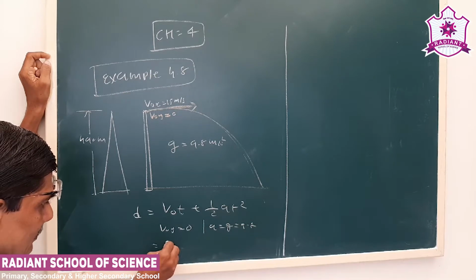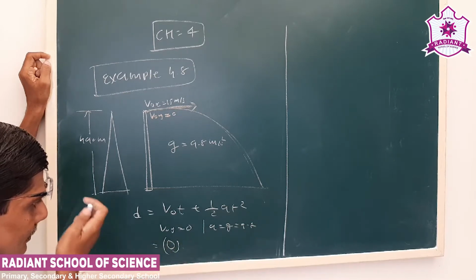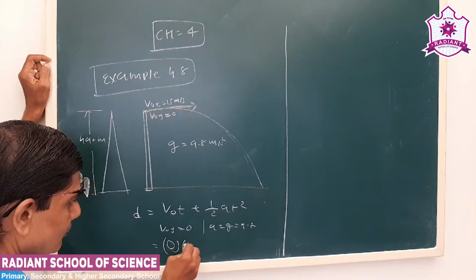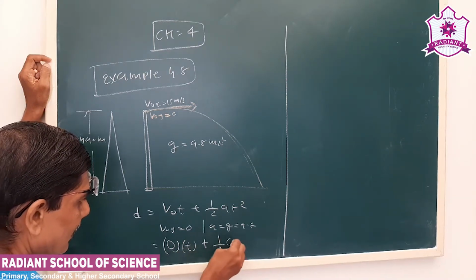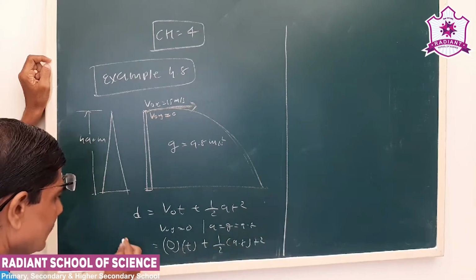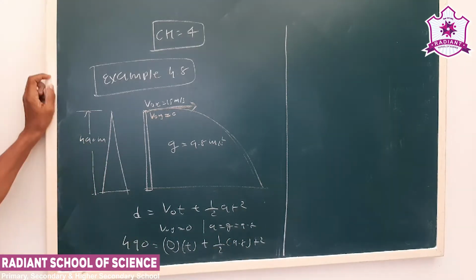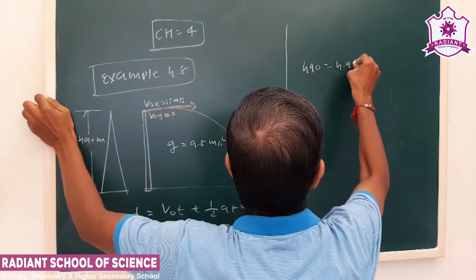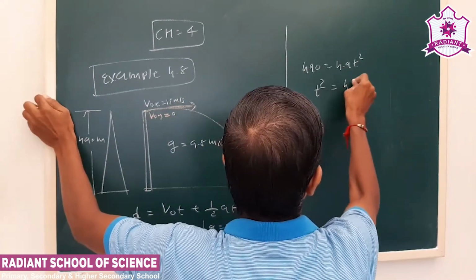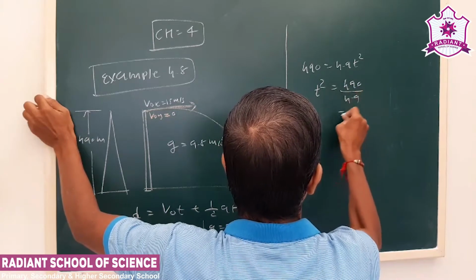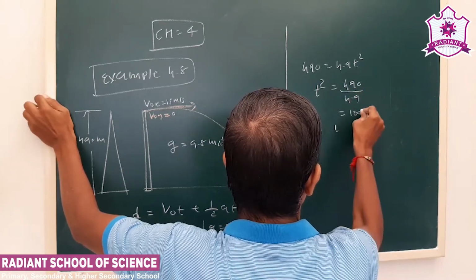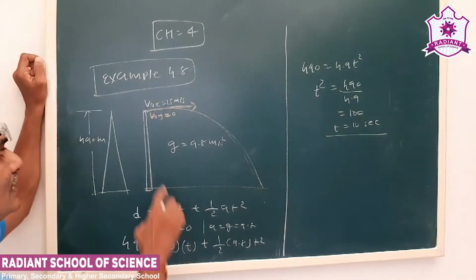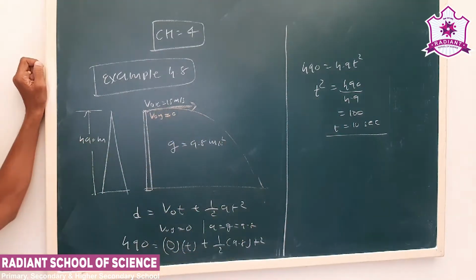So 0 into time plus 1 by 2 g, 9.8, t square. Now d is how much? 490. This gives the time required to reach the ground.